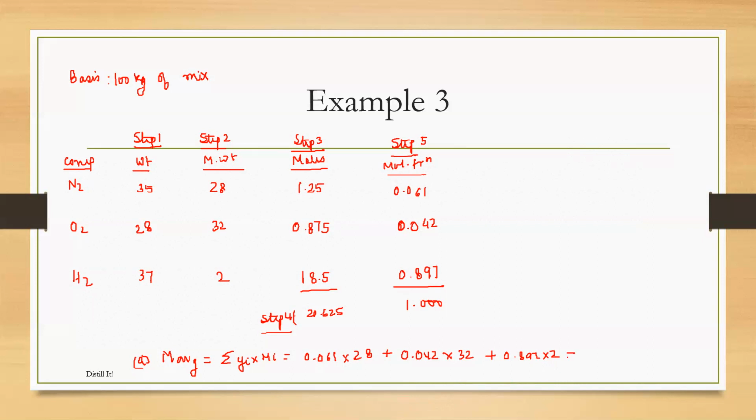Hence, we'll get the average molecular weight as 4.846. The unit is kg per kilomole. So the first part of the problem is solved.